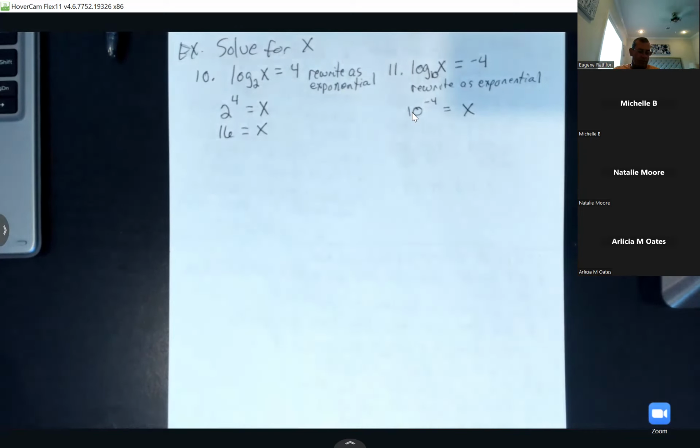So y'all, here's my question. What would my final answer be? Well, let me ask y'all this. Can negative 2 be an answer? If I put that negative 2 in for that x, can I take a log?